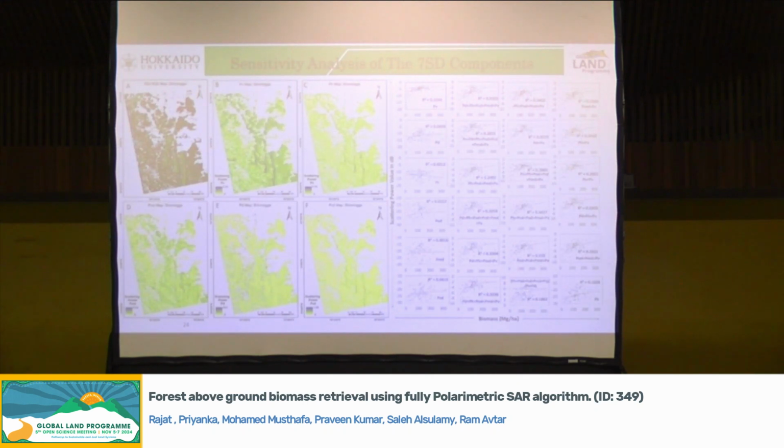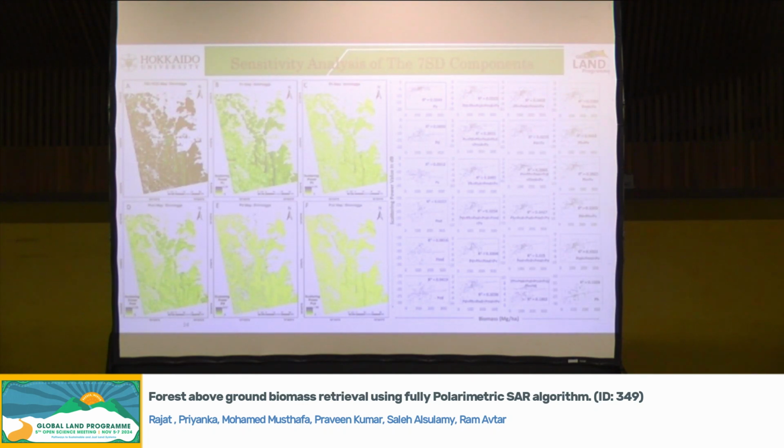So first we did the sensitivity analysis, how the different scattering powers are interacting with the different parts of the forest. So here we can say that the volume scattering, helix, and the mixed dipole and the double bounce scattering, they have different scattering behavior in the different parts of the forest. And the correlations with the biomass are also varying.